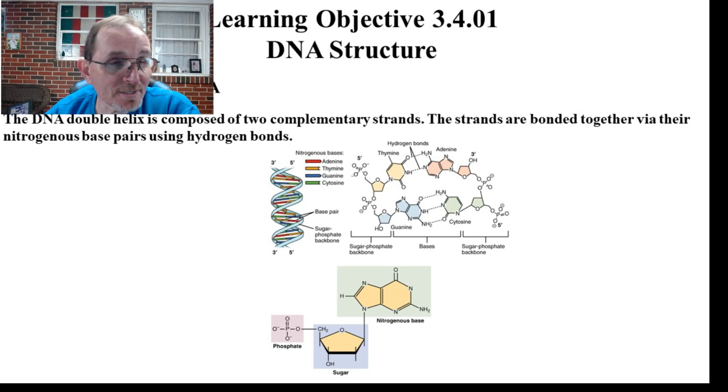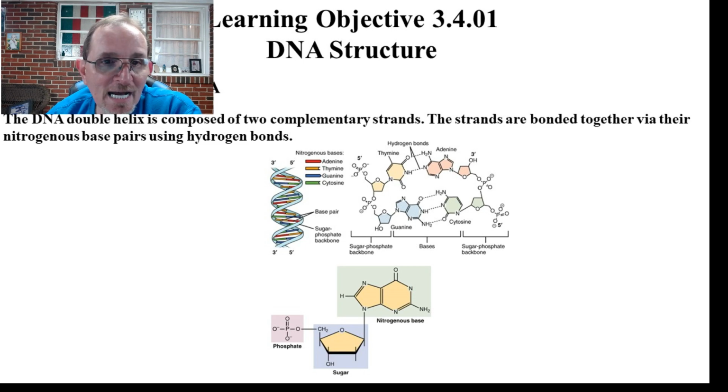But there are 5 carbons in a 5-sided sugar. So there's carbon number 1 right there, carbon number 2, carbon number 3, carbon number 4. Carbon number 5 is actually off the ring because we have an oxygen in one of those spaces. Carbon number 5 is the one that bonds to phosphate.